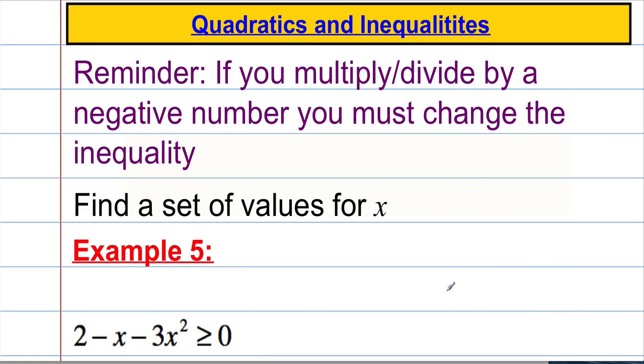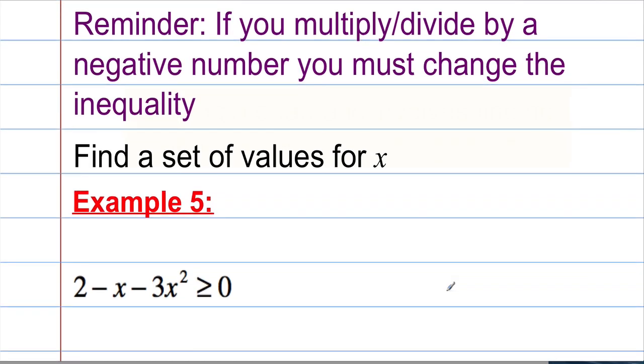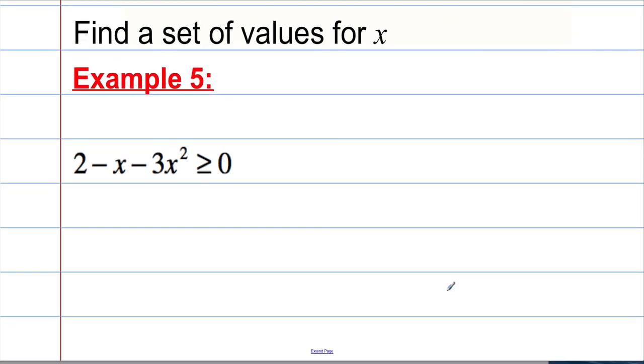Okay, number 4. So I need to find a set of values for x for which this is greater than or equal to 0. Once again, consider the function equal to 0: 2 subtract x, subtract 3x squared, equal to 0.